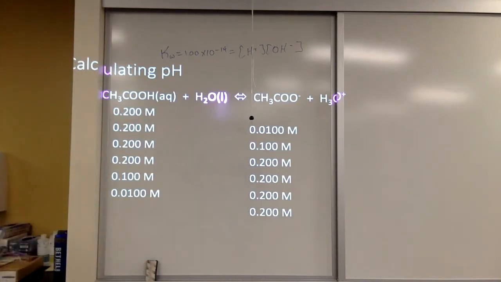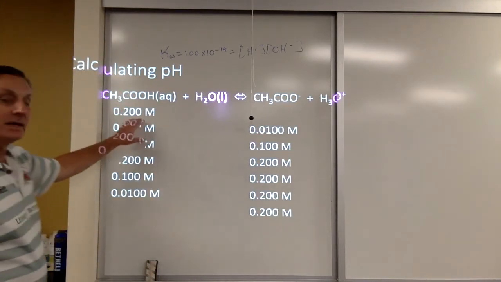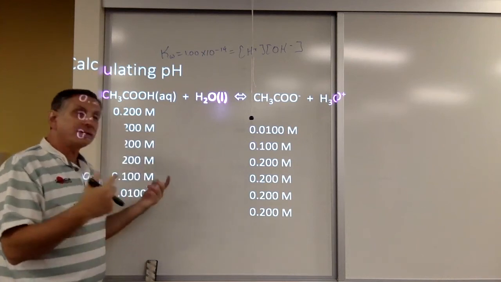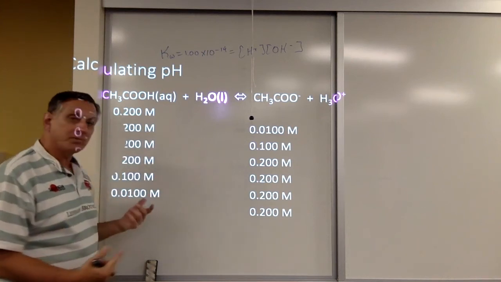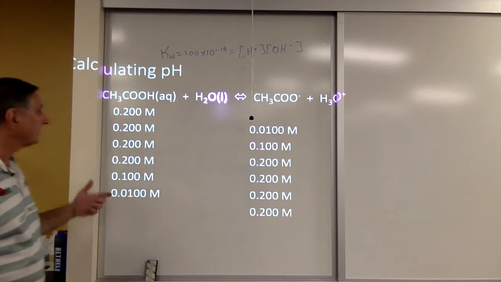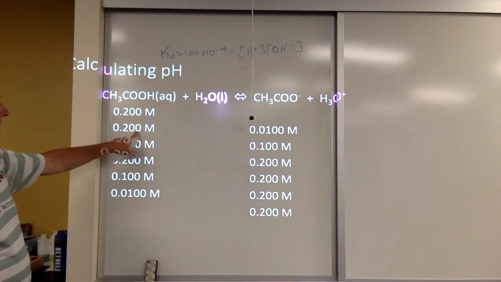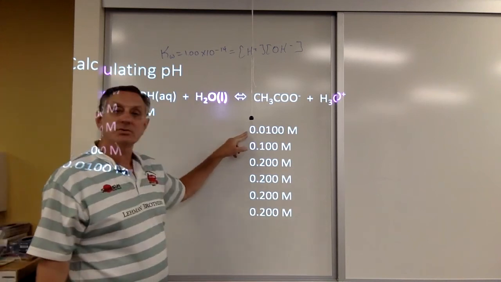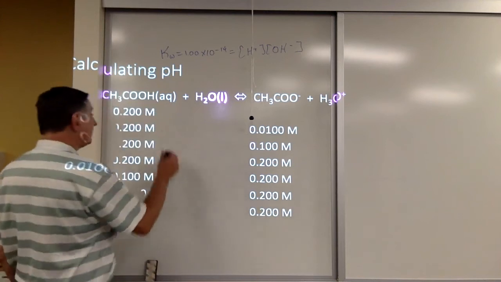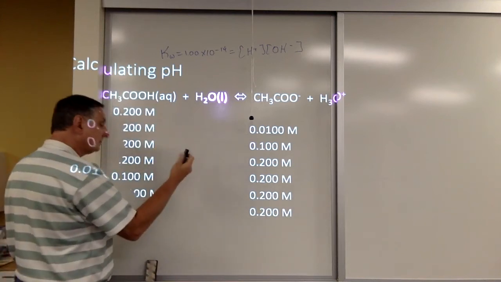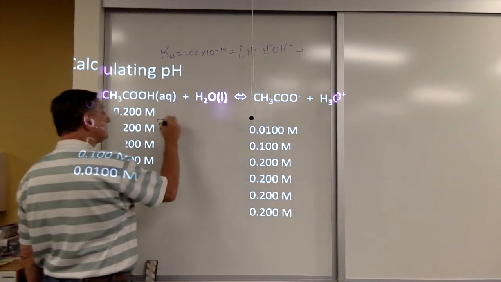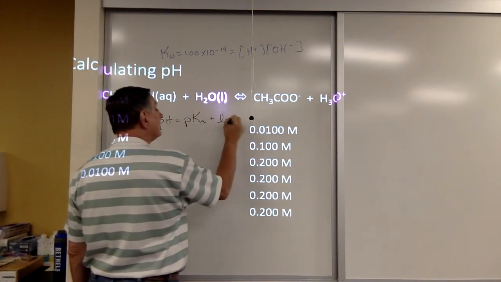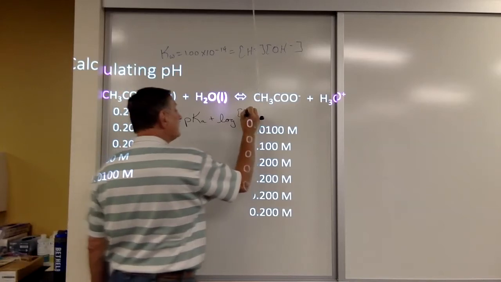Now, we have a buffer at this point. And this is where it's important to recognize that this is a buffer. You don't have to use Henderson-Hasselbalch at this point, but it just makes it a lot easier if you do. We have a sizable concentration of our weak acid, and now we have a sizable concentration of our conjugate base. So pH is equal to pKa plus log of concentration in this case.